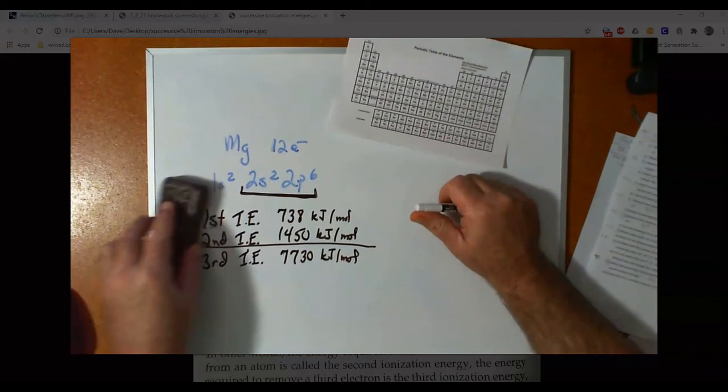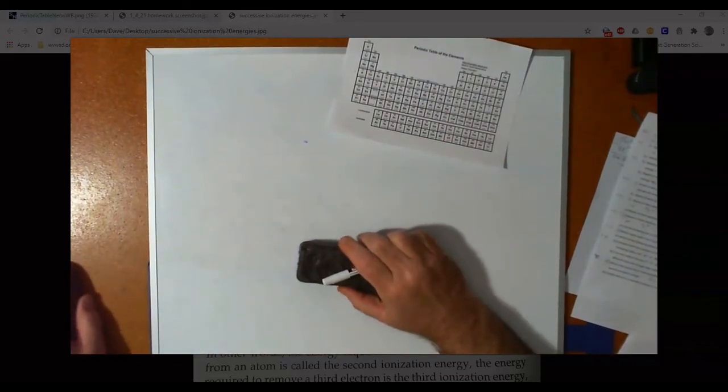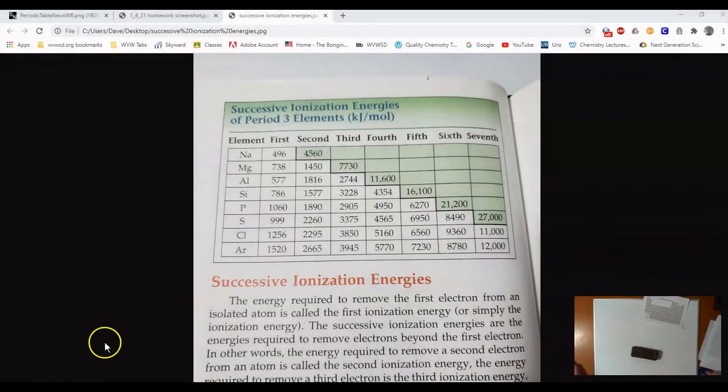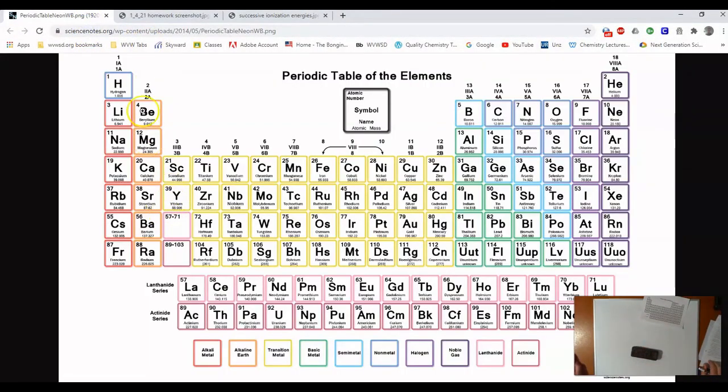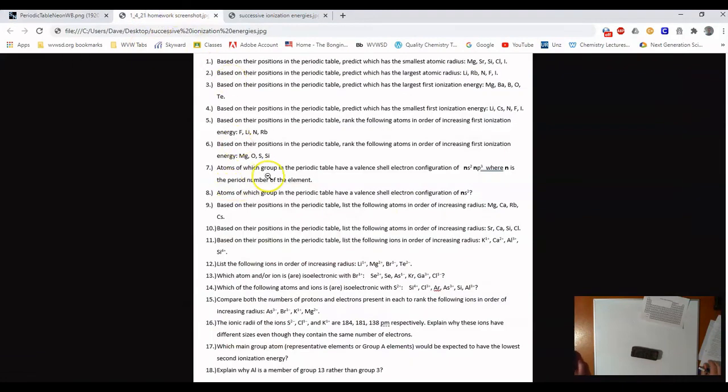Now, that takes us to question number 17. Which main group atom would be expected to have the lowest second ionization energy?